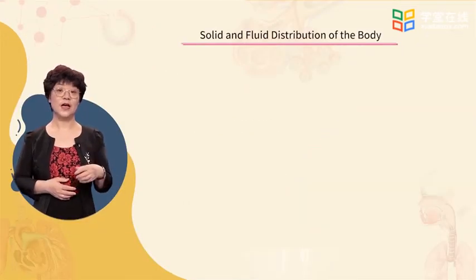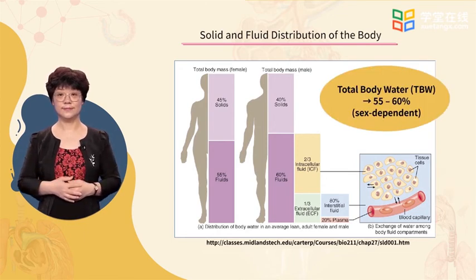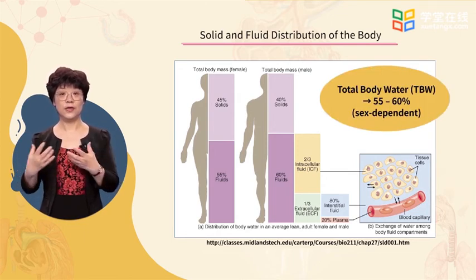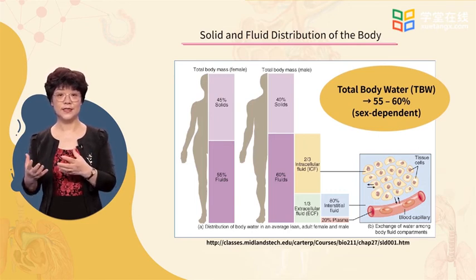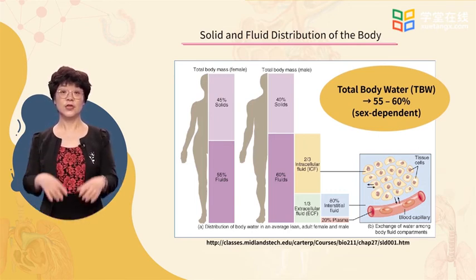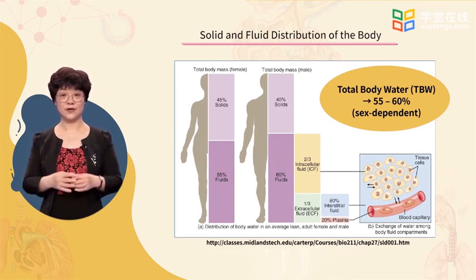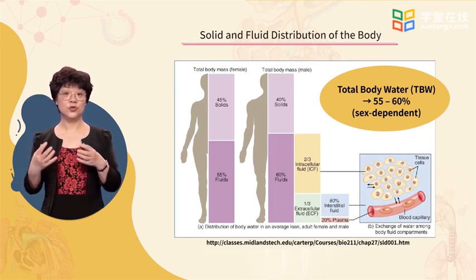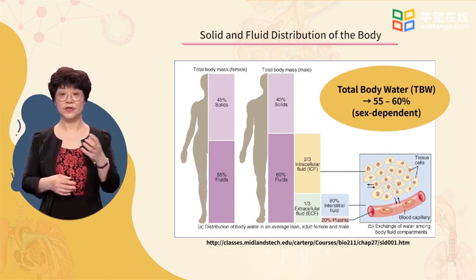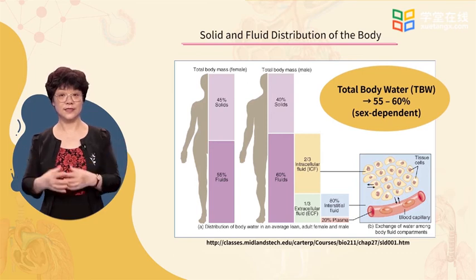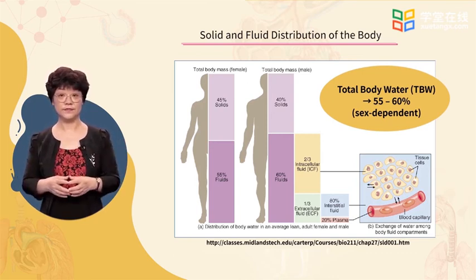Let's first have a look at the distribution of fluids. Our total body mass is about 55% to 60% fluid. 2/3 of this fluid is within cells, the intracellular fluid, ICF. 1/3 of the fluid is outside the cells, the extracellular fluid, ECF.